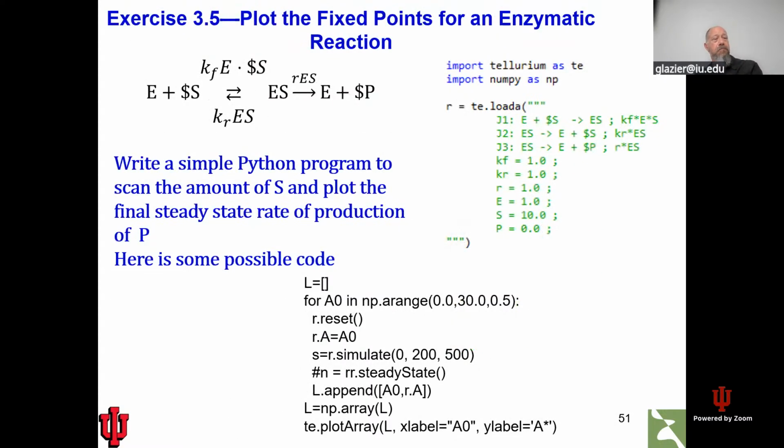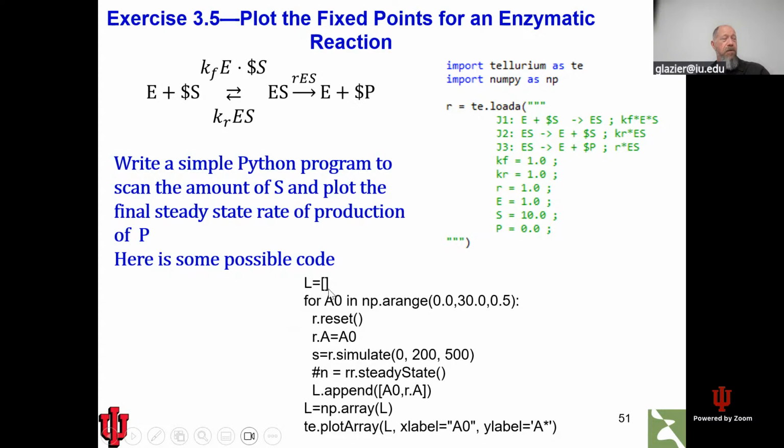Originally I used the get steady state function in Tellurium, but we're not going to do that. We're just going to run the simulation. And so here I'm not going to use the VStack. I'm going to use the append version of this. You have this code from last week.